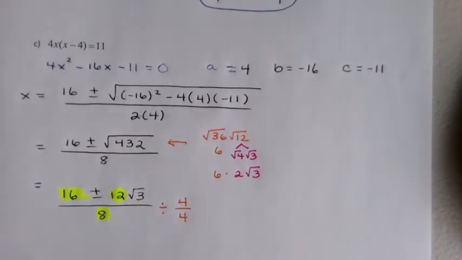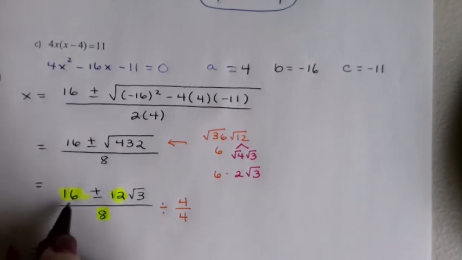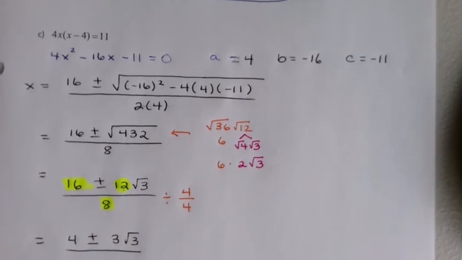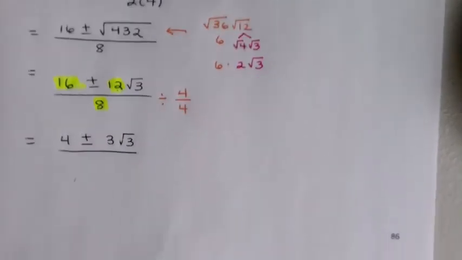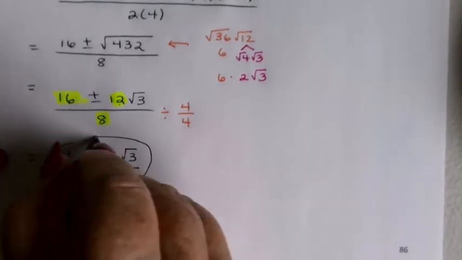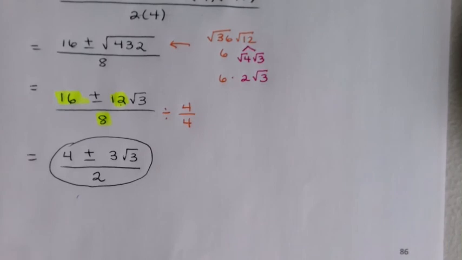Again, I'm dividing by a fraction that's equivalent to 1, so I'm not changing the value of anything. So 16 divided by 4 is 4, plus or minus 3 square root 3 divided by 2. And that would be considered the simplified answer.